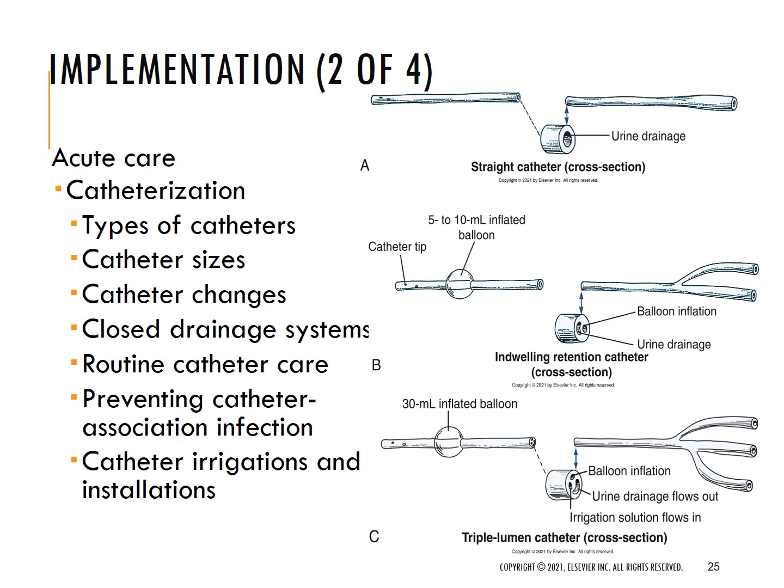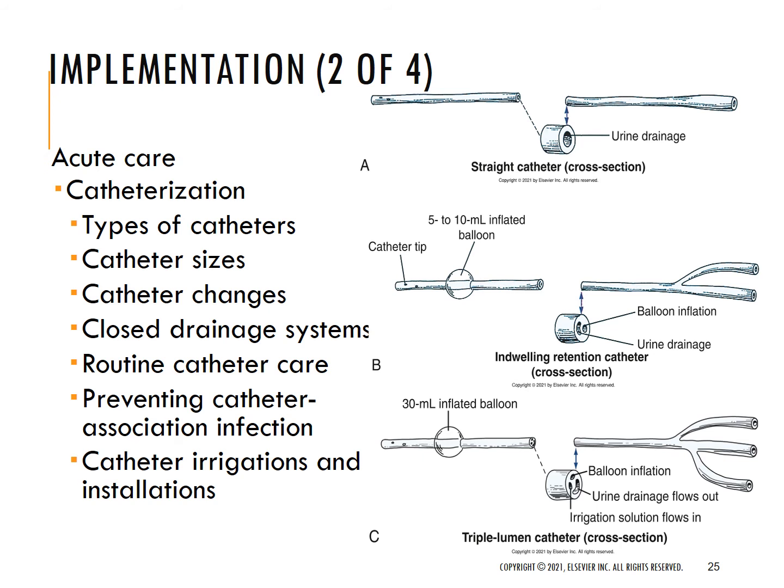The skill of inserting a urinary catheter isn't part of the level 1 skill set, so you won't learn how to insert a urinary catheter until later in the program. And a lot of the information on this slide will be presented then.